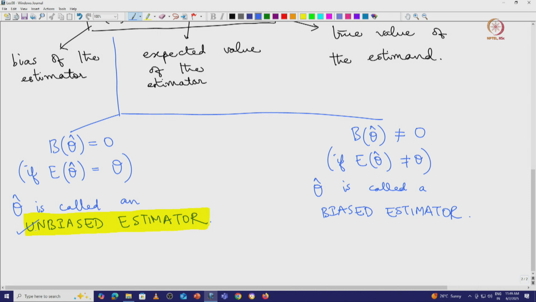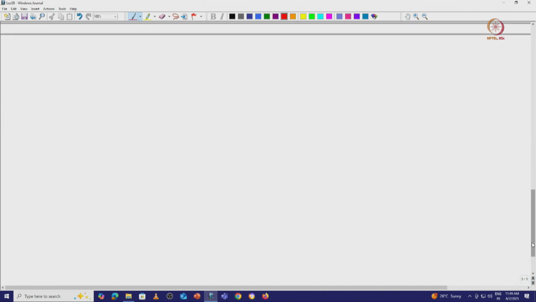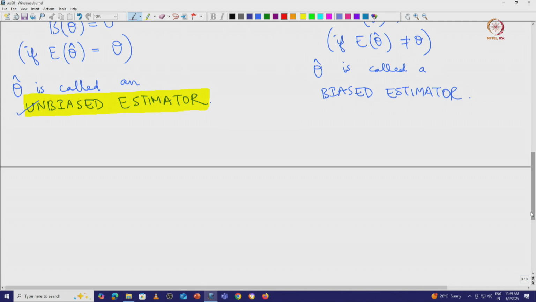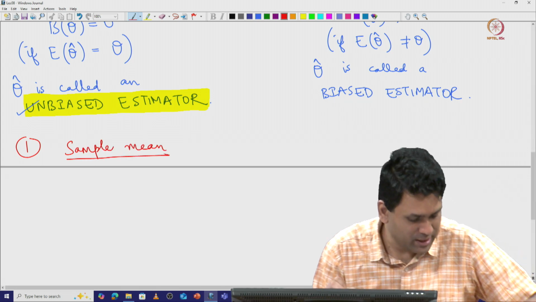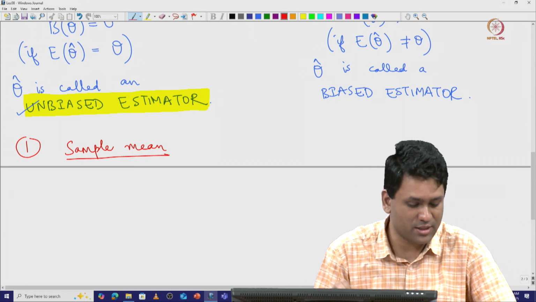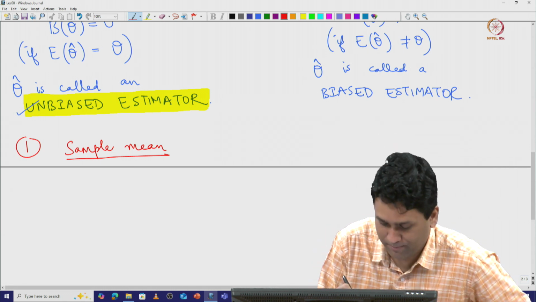So, let us get started with our journey. The first thing that we will look at is called the sample mean. The sample mean is an unbiased estimator for the population mean.